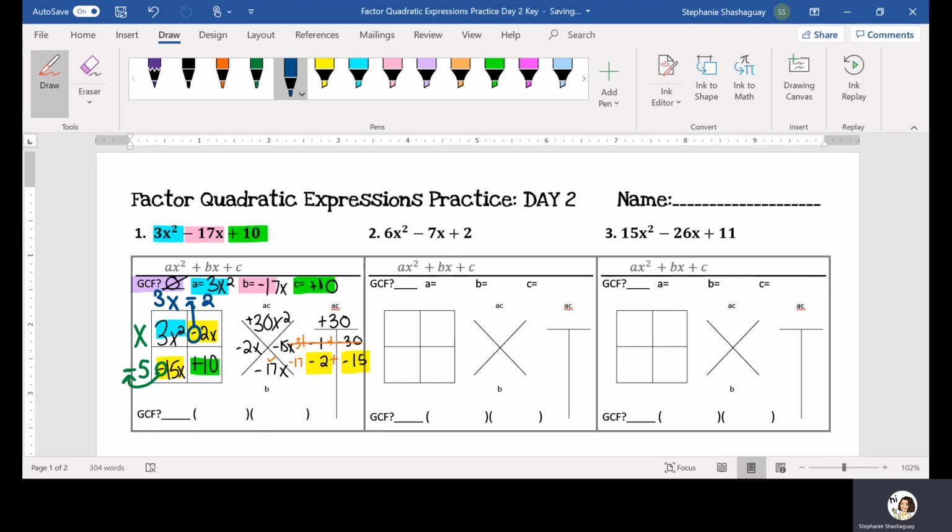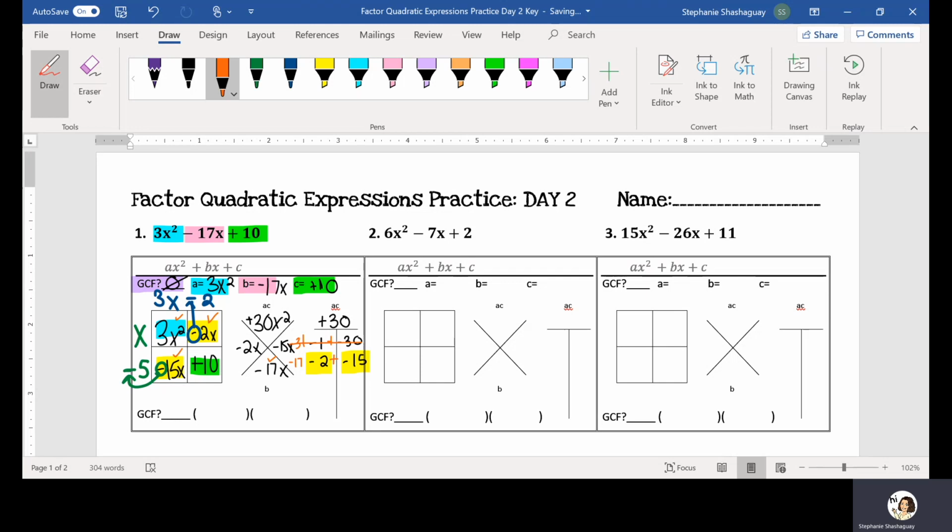Now, before I move on, I want to double check my area model. Does 3x times x equal 3x squared? Yes. Does 3x times negative 5 equal a negative 15x? Yes. X times negative 2? Yep, that's a negative 2x.